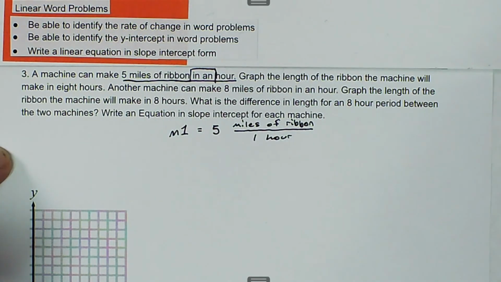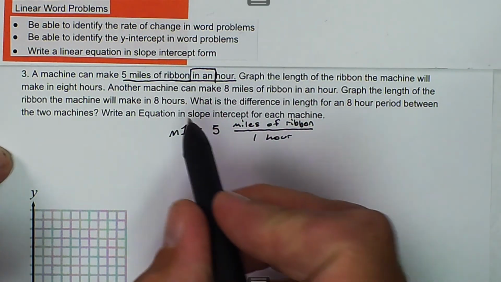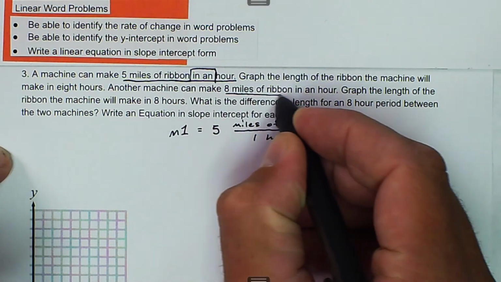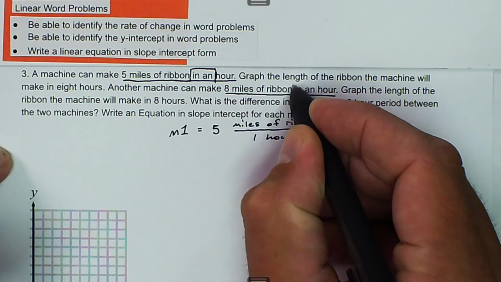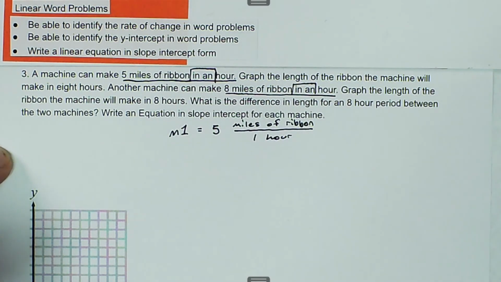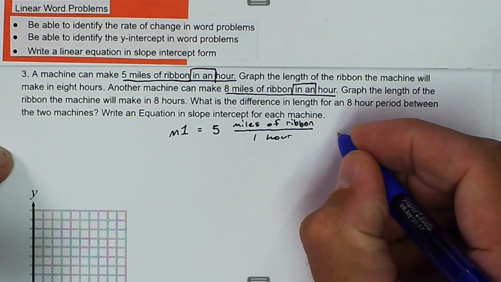The next one that we have, another machine can make 8 miles of ribbon in an hour. So there we have the 2 units again, miles of ribbon in an hour. So we'll call this M2.